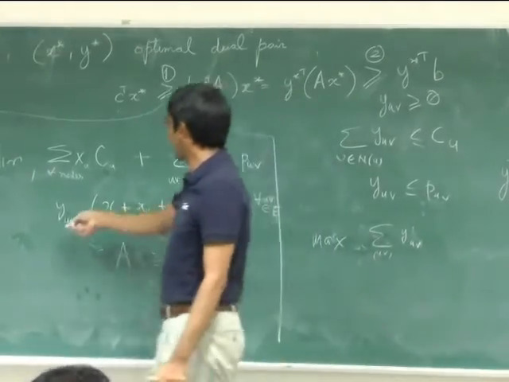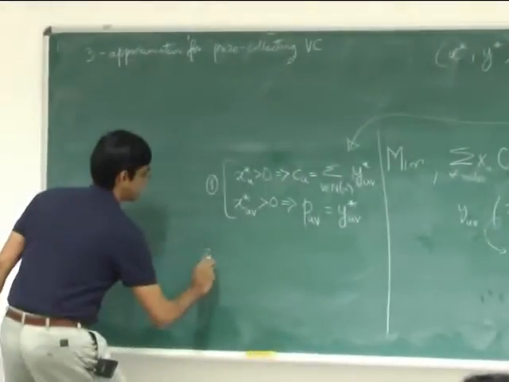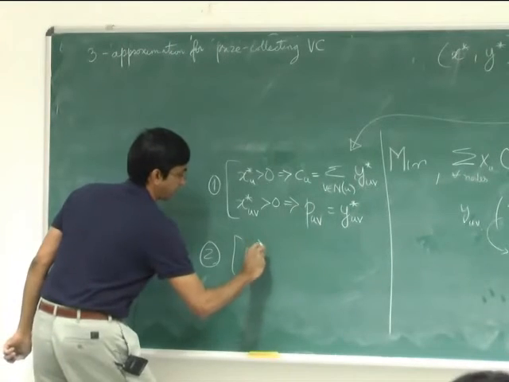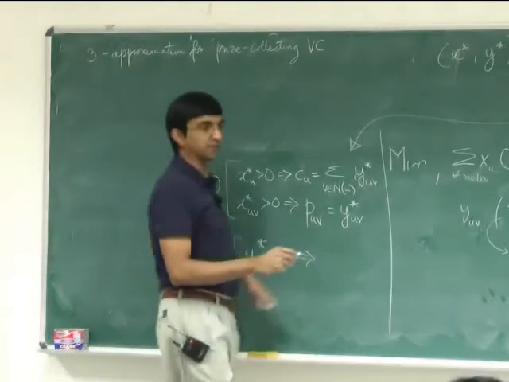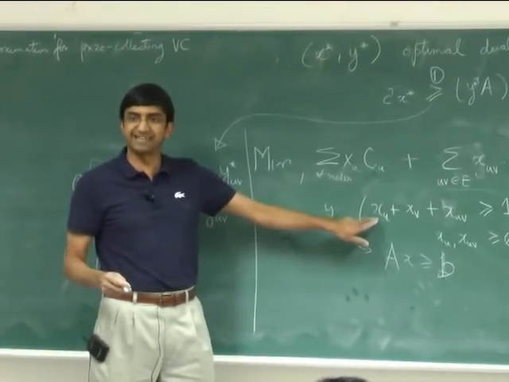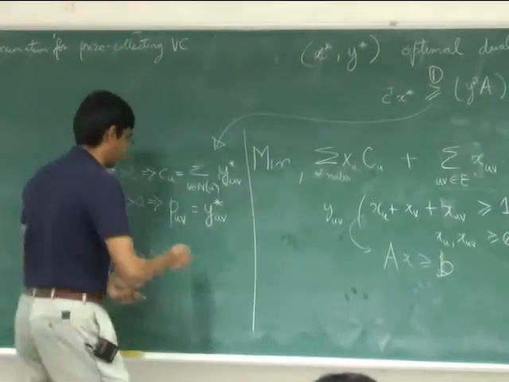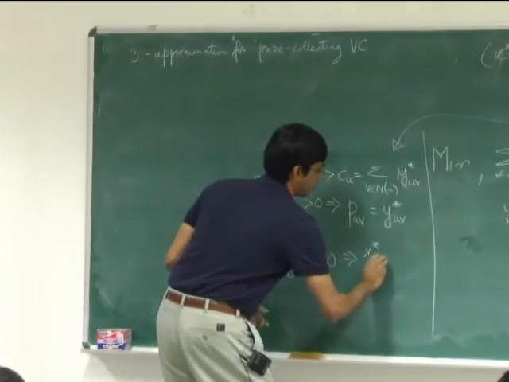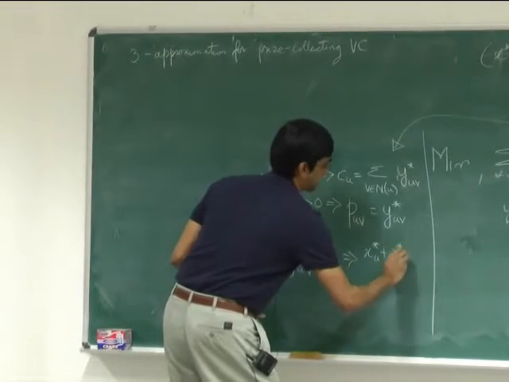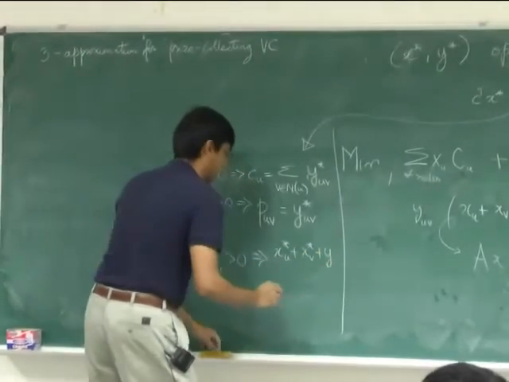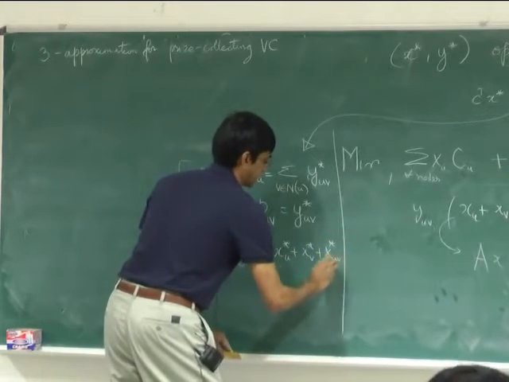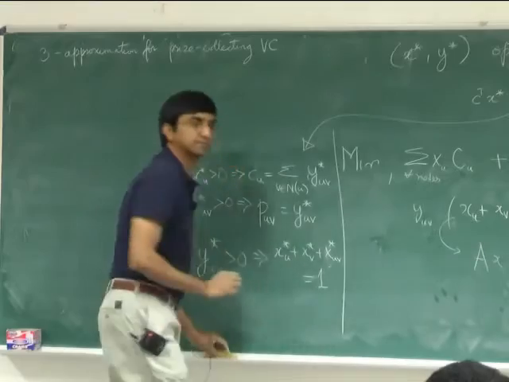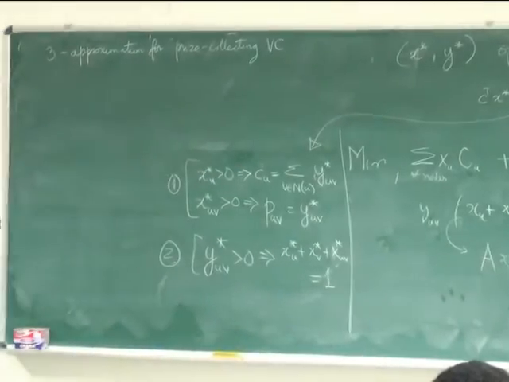So if y is positive, that means the corresponding inequality is tight in the primal, which is just saying x star u plus x star v plus x star uv better be equal to 1.